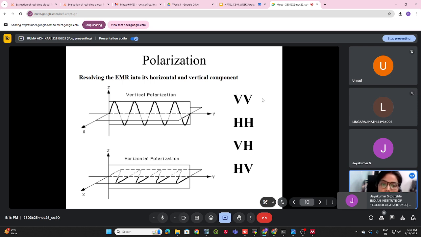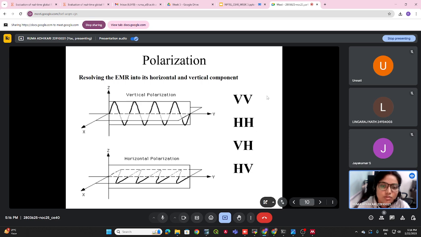So there can be four types of combination. These four combinations you must know. What are these combinations? What do they mean? So V signifies the vertical and H signifies the horizontal.